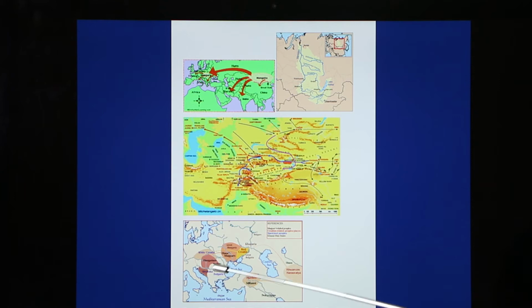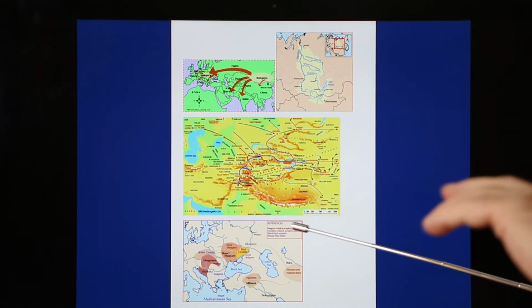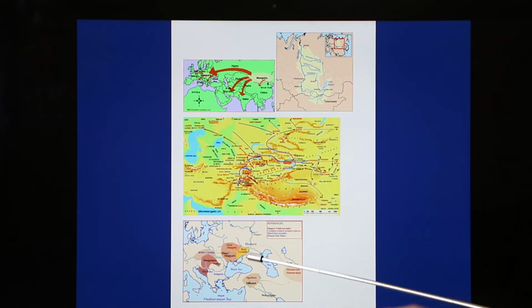Oh yes, Croatia's down there, and then there's Serbia and so on, and Bosnia and so on. But now we realize, no, wait, these people coming from the far east spread all over this part of Europe and then end up on the so-called Balkans.